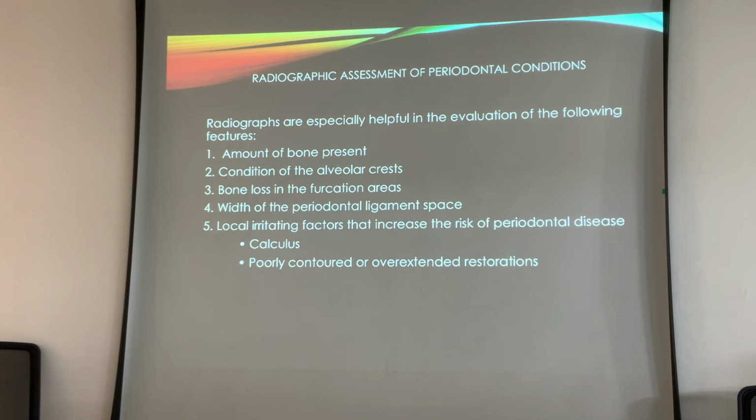That means if you write the radio diagnosis such as mild periodontitis, the et causa should be both of these, or one of these: calculus or poorly contoured restoration. You cannot write mild periodontitis et causa trauma from occlusion, because trauma from occlusion is not et causa.